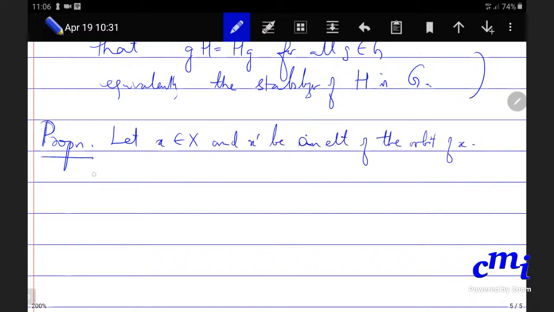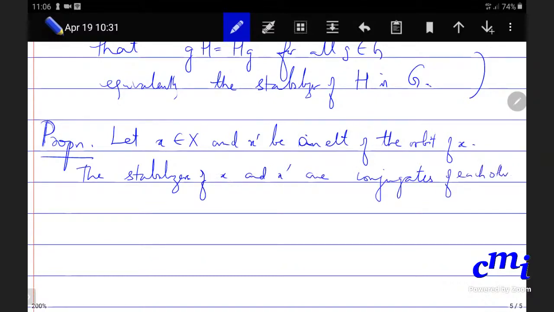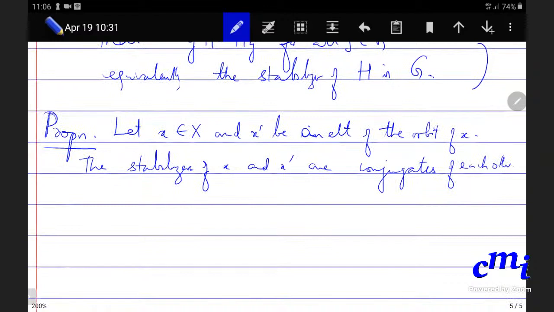Then the stabilizers of x and x prime are conjugates of each other. This is what we had seen in that specific example. If i and j are two elements in X such that there is a permutation which takes i to j, so i and j are in the same orbit, then their stabilizers are conjugates of each other. That's what we see.